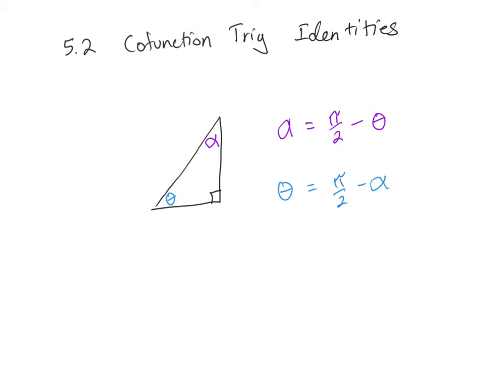So keeping that in mind, if we were to find the sine of theta, if I called this x and y, our sine of theta is x over y. But if I wanted to do sine of pi over 2 minus theta, well, that is my co-function.